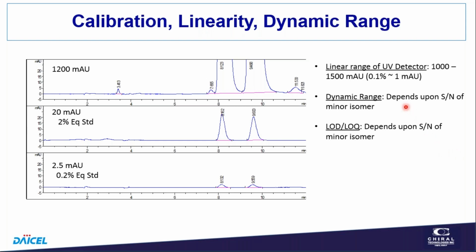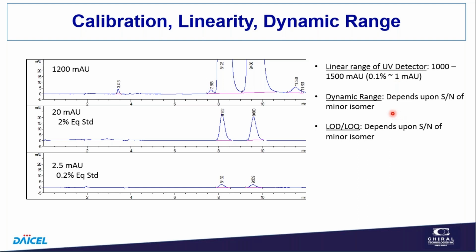So linear range, we are dealing with the ratio, so we are really dealing with the area percent, but the dynamic range of UV detectors is on the order of 1,000 to 1,500 milliabsorbance units. That makes 0.1% on the order of 1 milliabsorbance unit. So the dynamic range will depend on the signal to noise of the minor component.